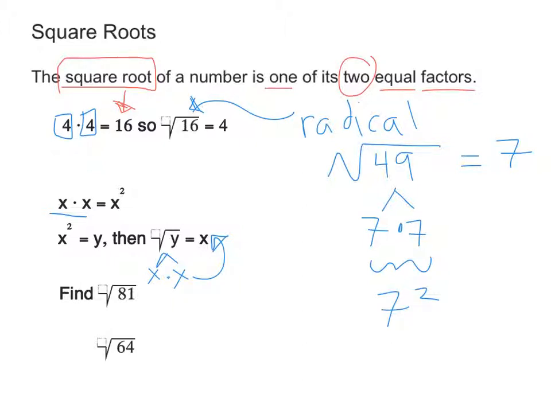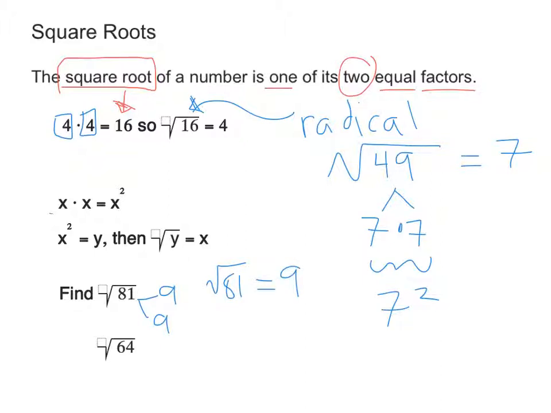All right, so now what I want you to do is see if you can find the square root of 81 and the square root of 64 and stop the video. And when you find the answer, go ahead and start the video again. So 81 has two factors that are multiplied that equal to it, or one factor multiplied by itself, which is 9 and 9. So the square root of 81 is going to be equal to 9.